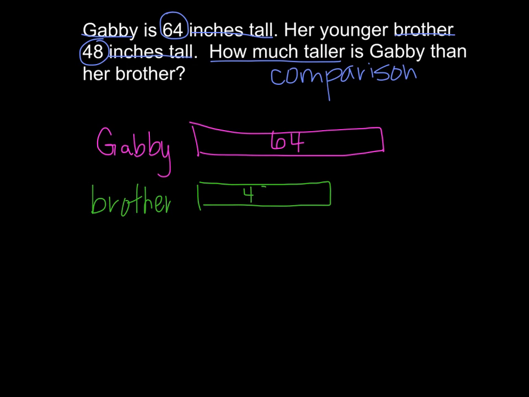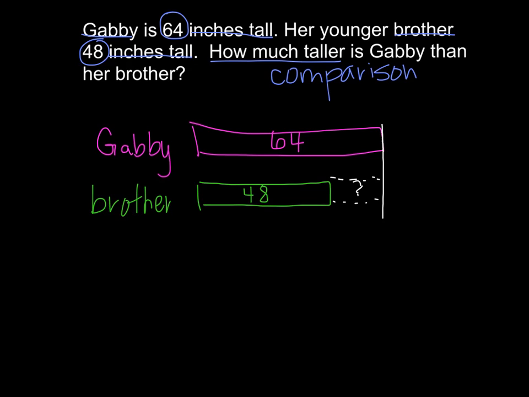So his will be shorter than hers. Now, the special thing about a comparison situation is that I am looking for the difference between the lengths of these bars. So if I drew a straight line, what I'm looking for is how much space comes between the end of brother's bar and the end of Gabby's bar. So that is my question mark.